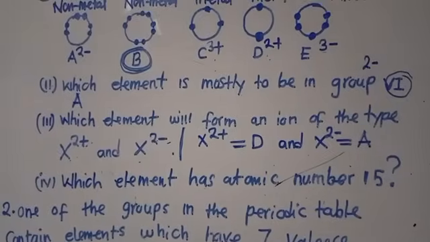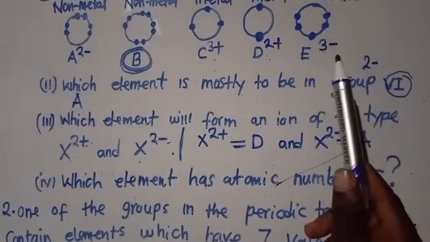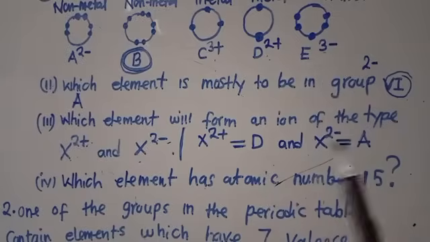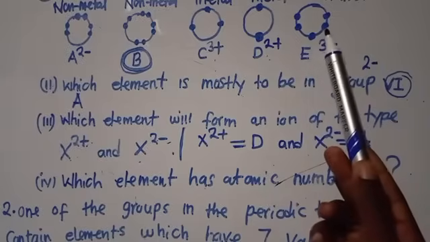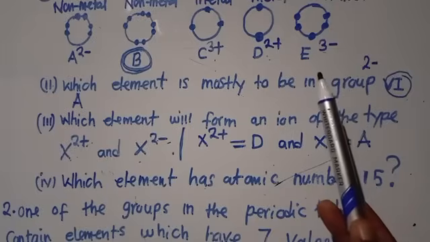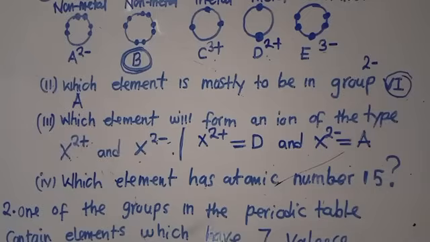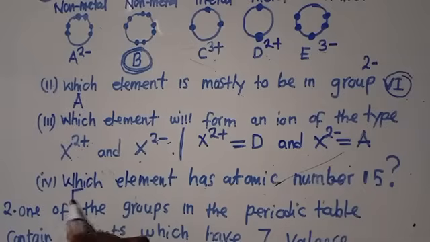You check your periodic table, you go to group 5. Which element is having 15? You check the atomic number, we mean proton number. So proton number 15, it is E. You put it just E like that. You are done.